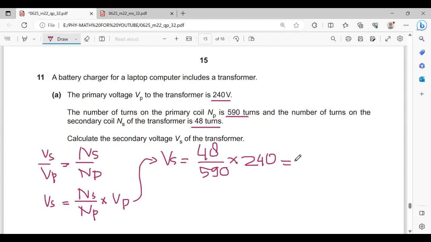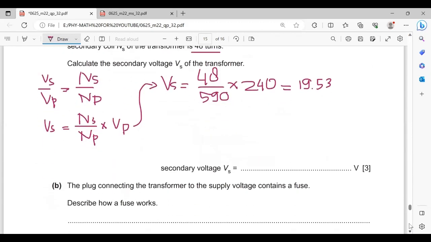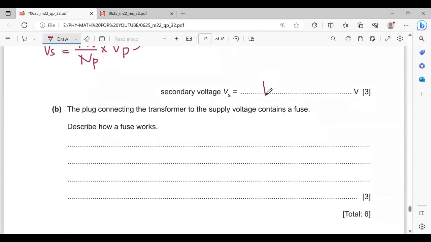And if we calculate, it's going to be 19.53. Okay, so the answer here, 19.53 volts.